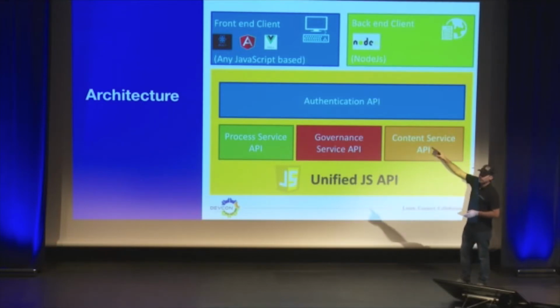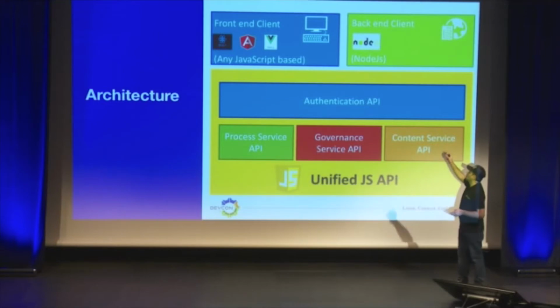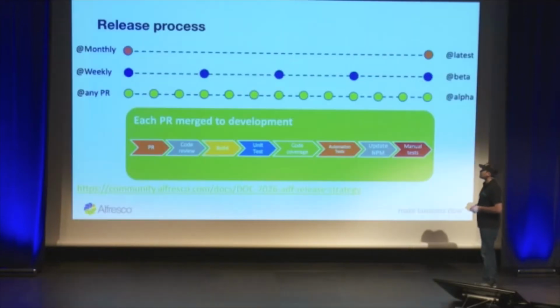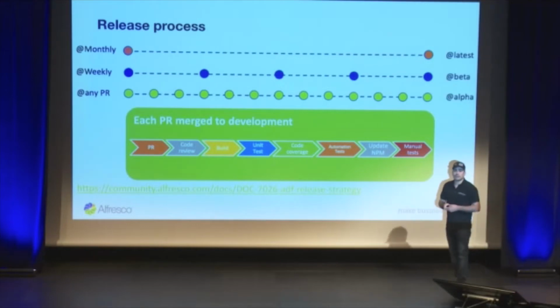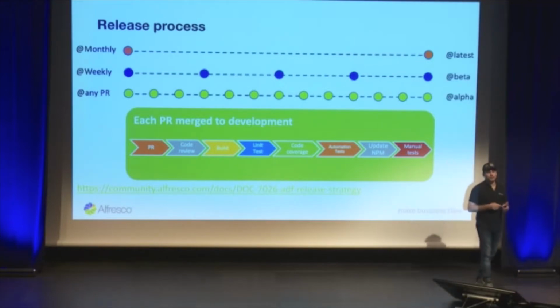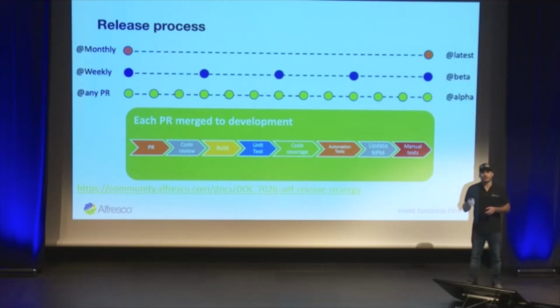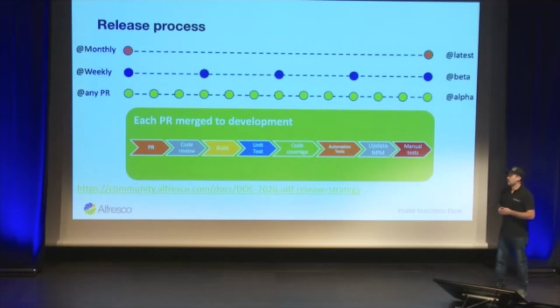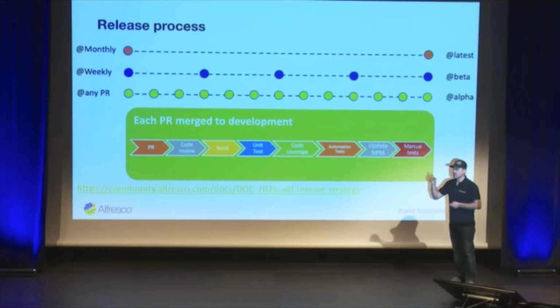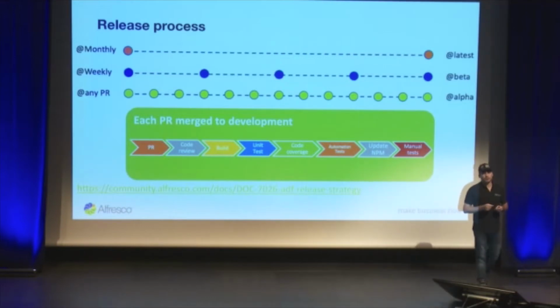As I said, you can use it for front-end clients, also for back-end development. This is the life cycle of this library. As with all the ADF pieces of the framework, we release it in alpha, beta, and the monthly release. Every time someone submits a pull request on our repository, we publish an alpha version.